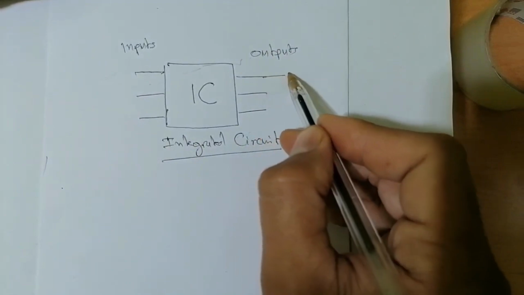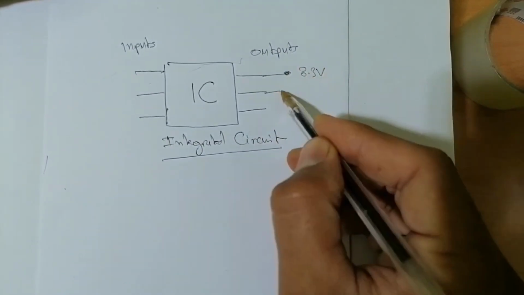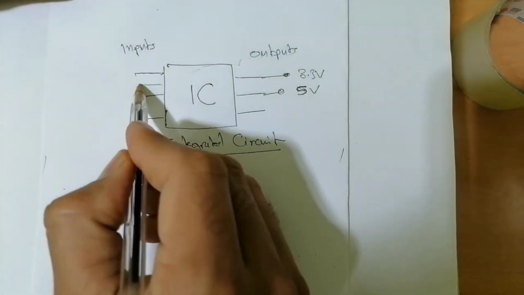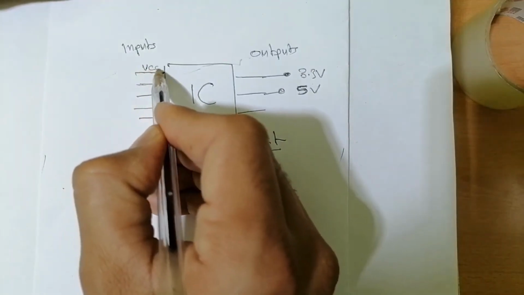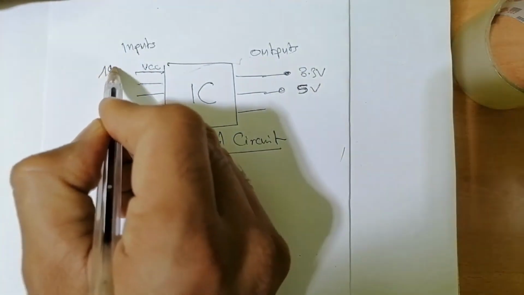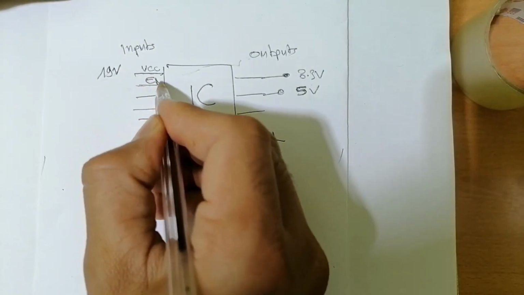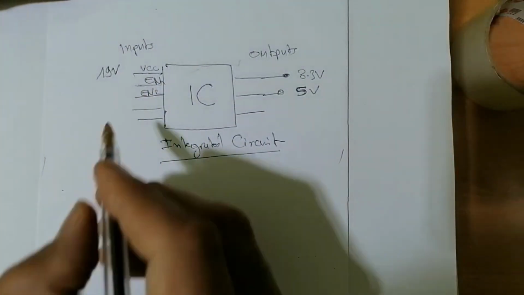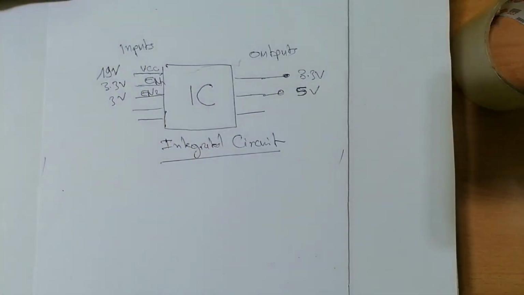The outputs, for example, will generate 3.3 volts and also 5 volts. But for inputs, it needs the VCC, 19 volts for example. It also needs some enable signals, enable 1, enable 2, about 3.3 volts.